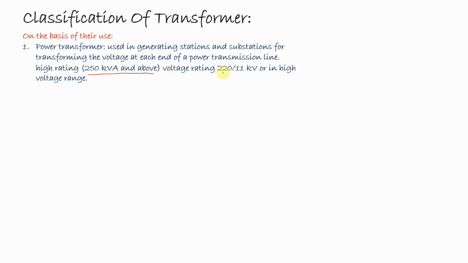And the voltage level here is 220 kV by 11 kV, even more than that. In India, the maximum transmission voltage is 400 kV. So there are different levels of transmission voltage: 400 kV, 220 kV, then 132 kV.